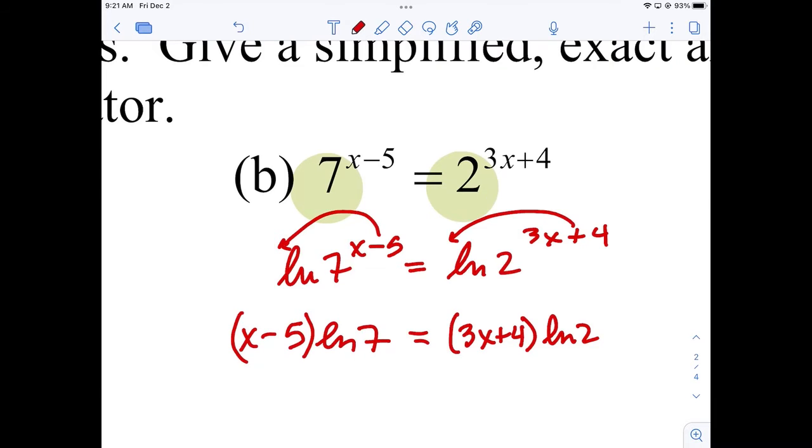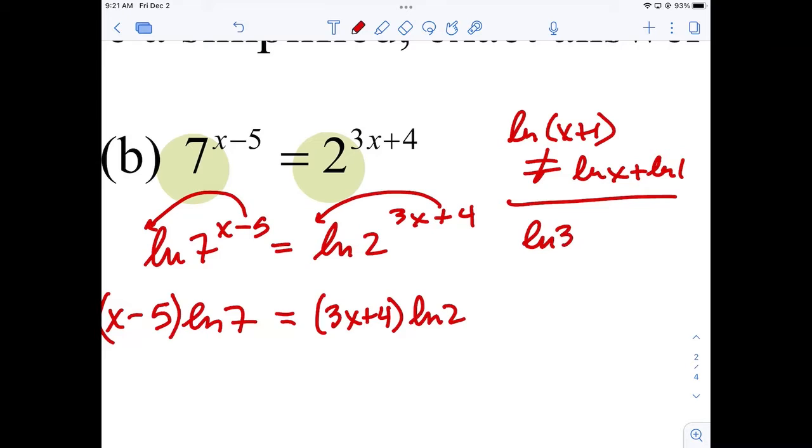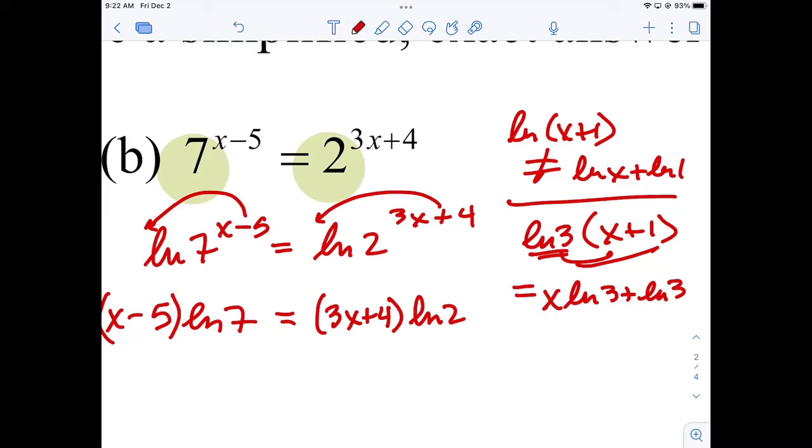Now, remember, this is where students kind of get confused. Remember, if I have the natural log of x plus 1, I cannot distribute it. I can't call it the natural log of x plus the natural log of 1. But if I have the natural log of 3, let's say, times x plus 1, this is just a number, right? We already talked about that. I can distribute that, no problem. This is good.